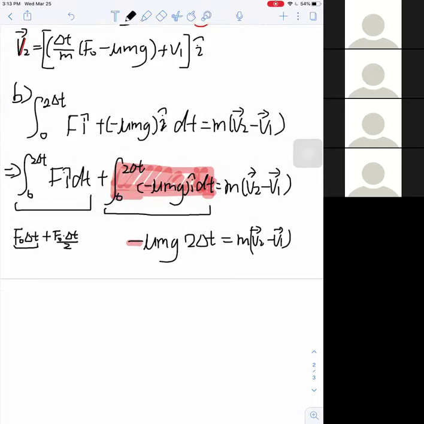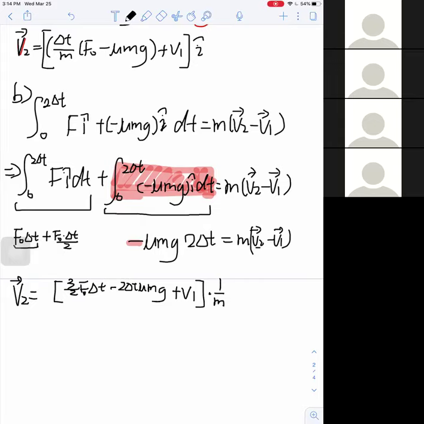Then we can do the same thing. Just write v2 on one side of the equation, and throw everything else to the other side, and we will end up with F delta t plus F delta t over 2, that will give you 3 over 2 times F delta t, and you have minus 2 delta t mu mg, plus v1, and this is all times 1 over m.